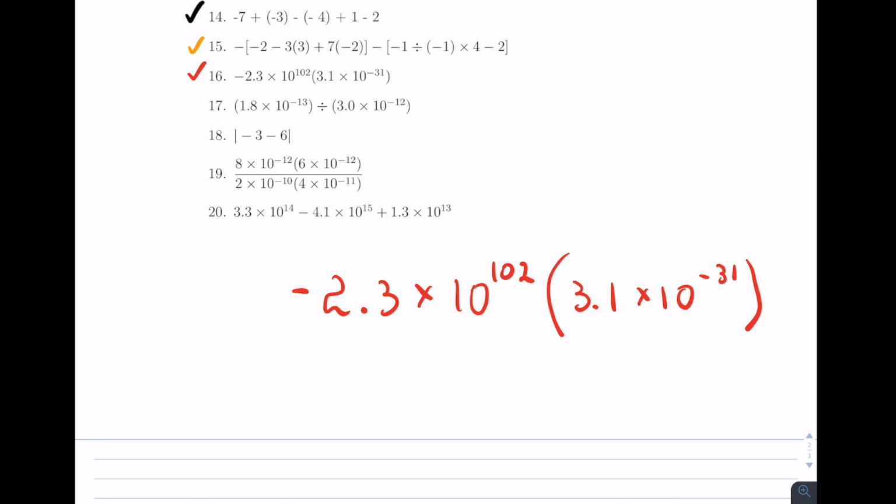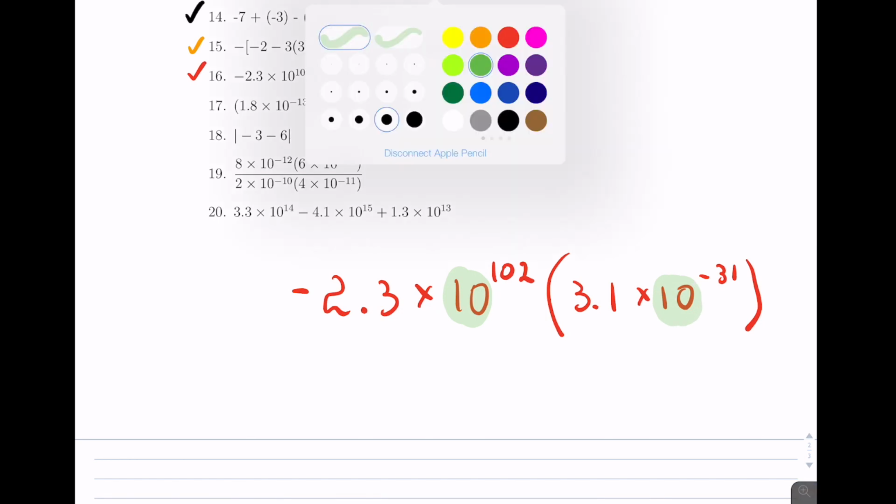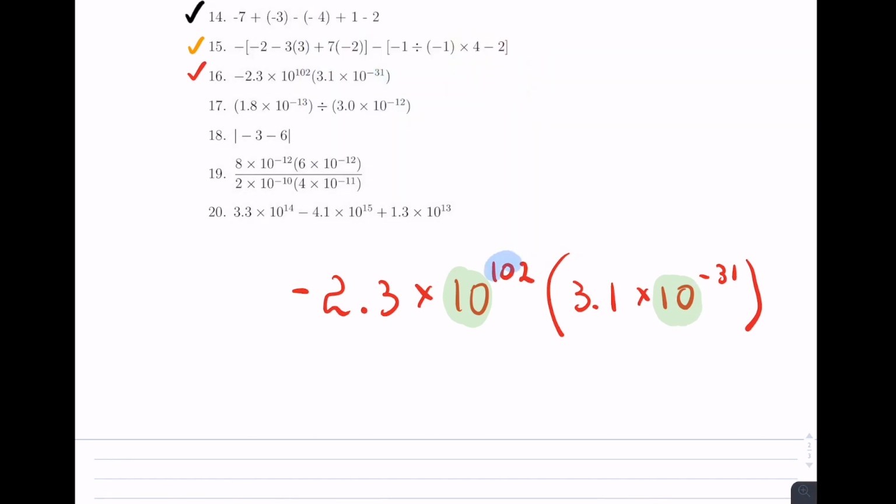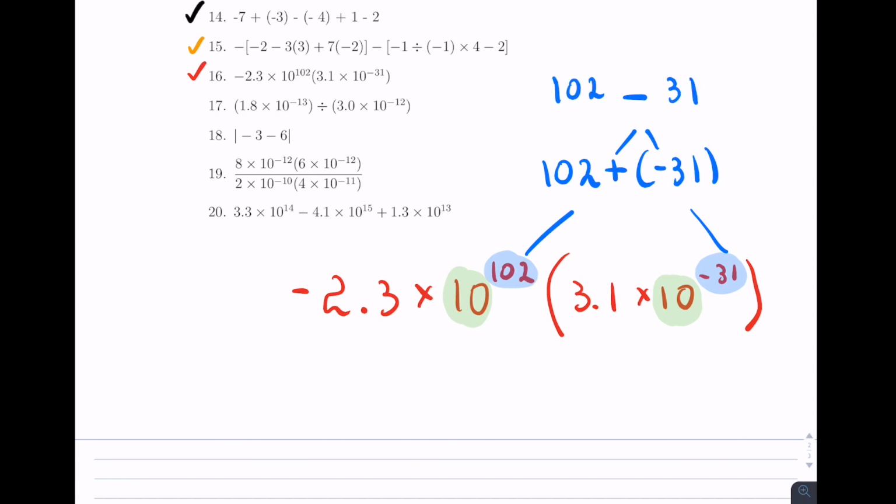In scientific notation, when we have the same base and we're multiplying, all we do is add our exponents. But be careful, because you're adding, notice a negative number there. So positive and negative actually becomes subtraction in this case.